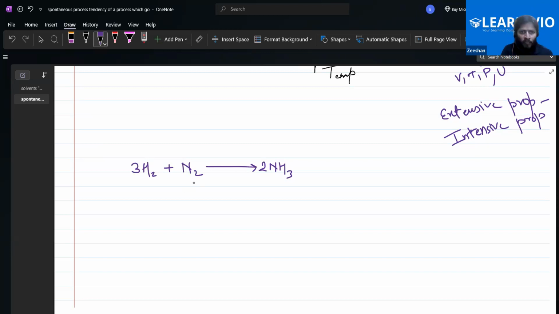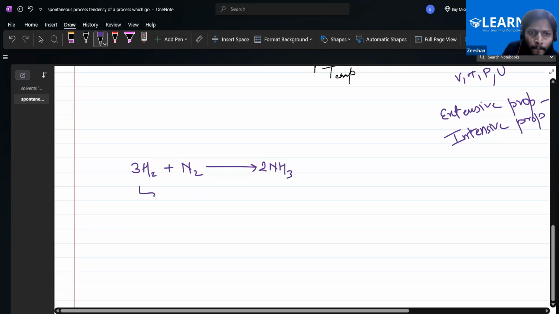Yes, sir. So we have 3 moles of hydrogen with us and 1 mole of nitrogen with us, right? So we have 4 moles of gas. All are gases. I think there will be no confusion regarding it, right? So we have 2 moles of ammonia with us.